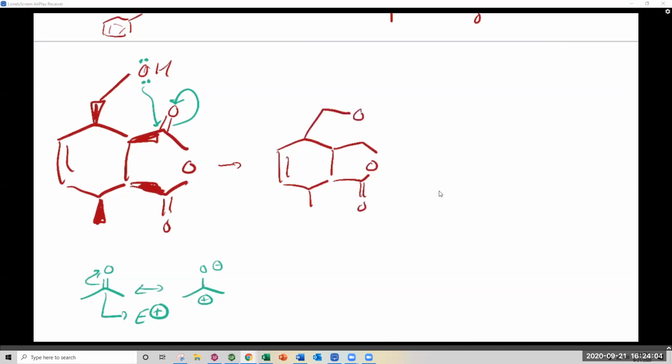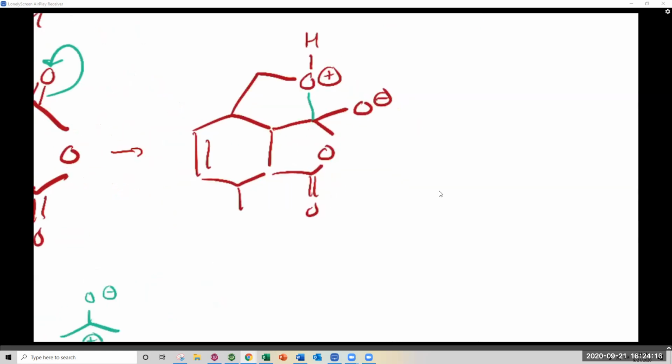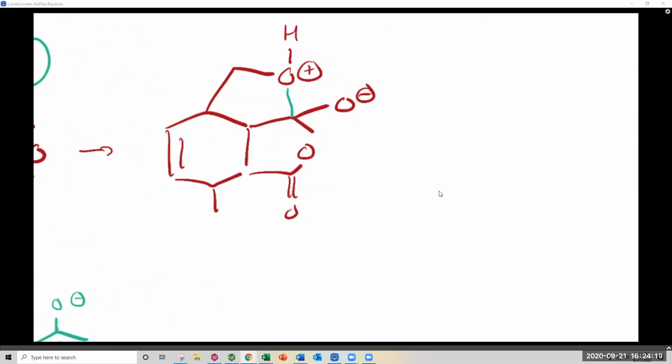So we have this new bond here. And the oxygen atom that was a carbonyl is now a negative charge. This tetrahedral intermediate species is going to form a carbonyl bond.